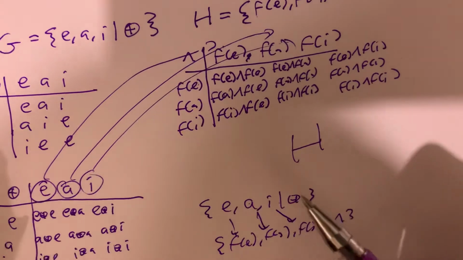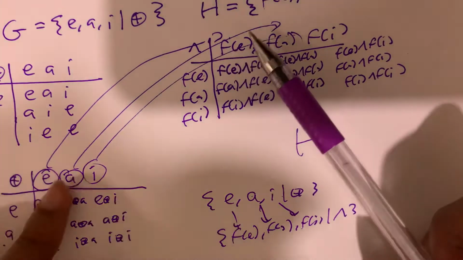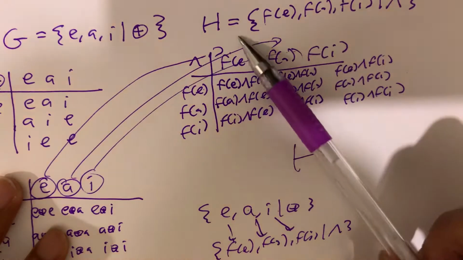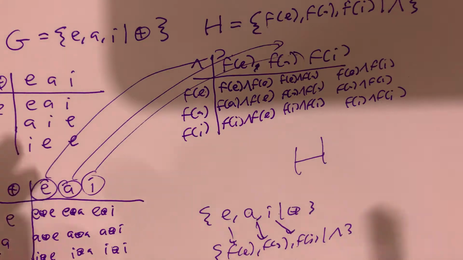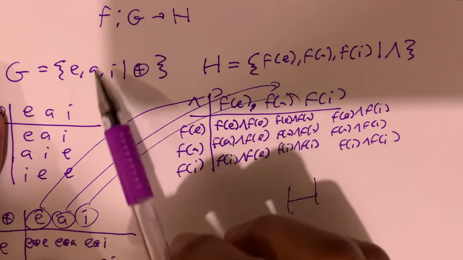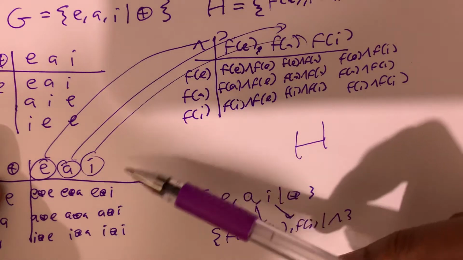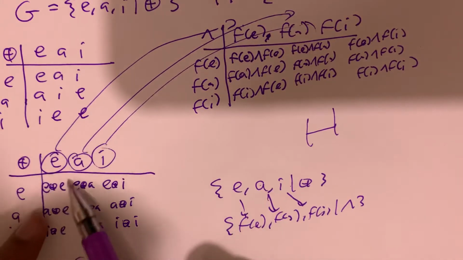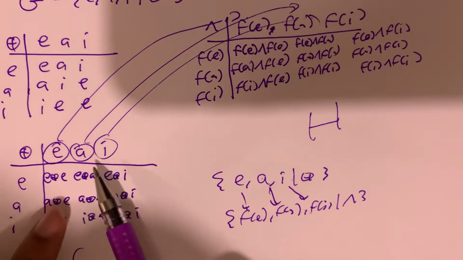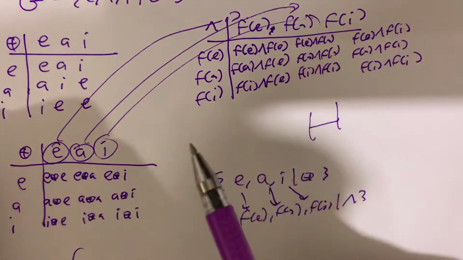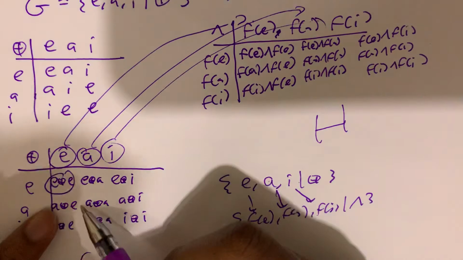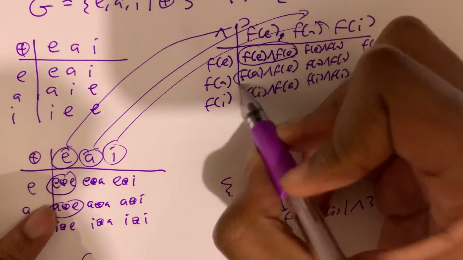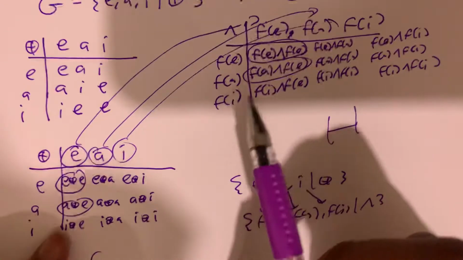Okay? And something that's pretty cool here, right? Not only are the elements of G mapped onto elements of H, like we could have cheated here, since we defined the elements of H as functions of G, but not only is there a mapping between elements of G and H, but it looks like the actual operations of elements of G are mapped onto that of H. Because here we have E operated with E, we have f of E wedge f of E. A operated with E, f of A wedge f of E. They're kind of mapped to each other.